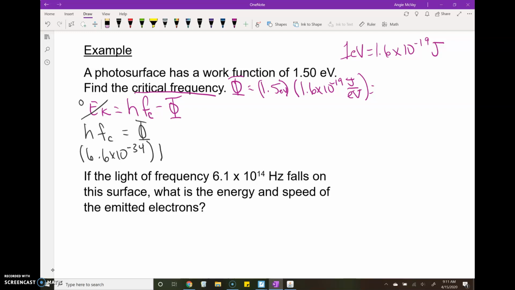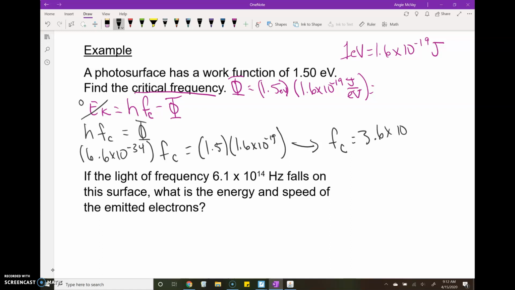We're looking for that critical frequency, and that equals our work function, which is 1.5 electron volts times 1.6 times 10 to the minus 19 joules per electron volt. When we do that calculation, we get the critical frequency is 3.6 times 10 to the 14 hertz.